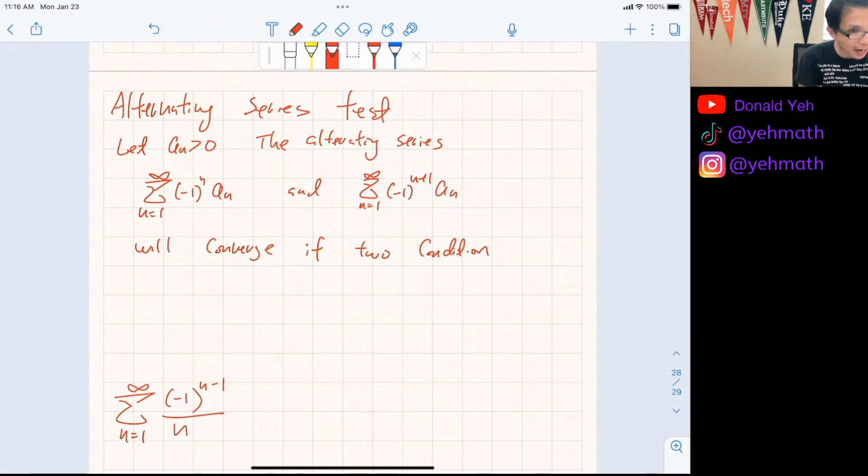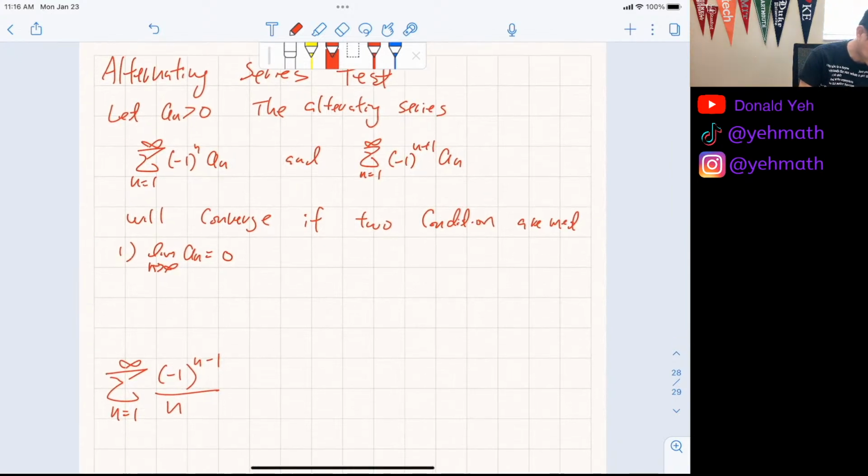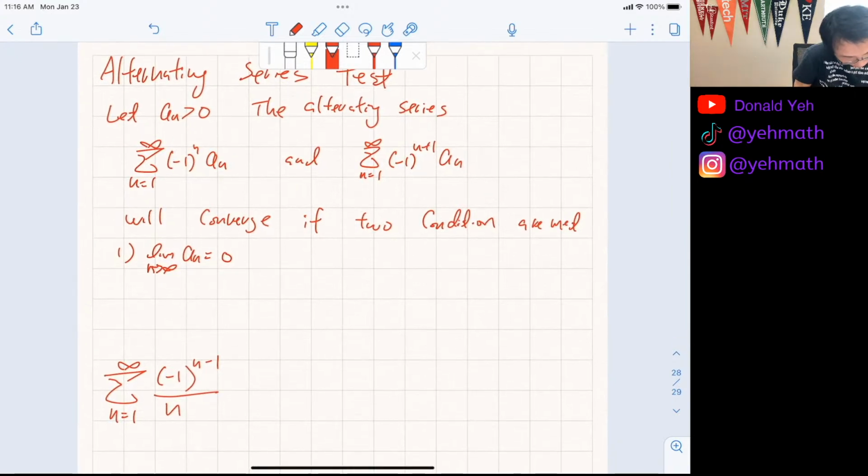Then there are 2 major conditions after alternating. The first one is the limit as n approaches infinity of a_n equals 0. That makes sense, so it must equal 0. That's like the nth term test, but here you can prove convergence if it's alternating. The second is that a_(n+1) is less than or equal to a_n for all n.